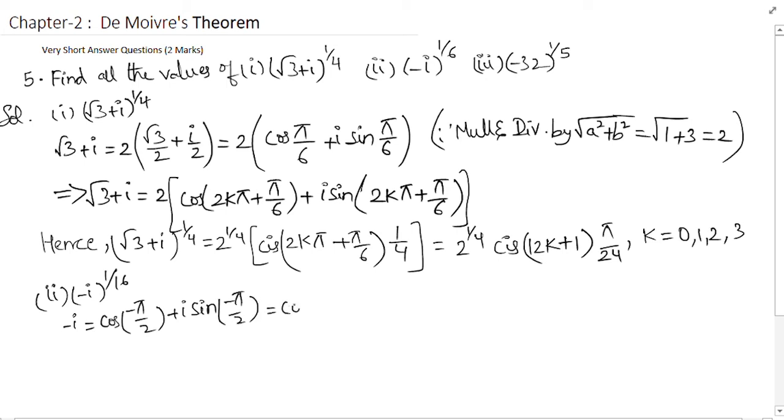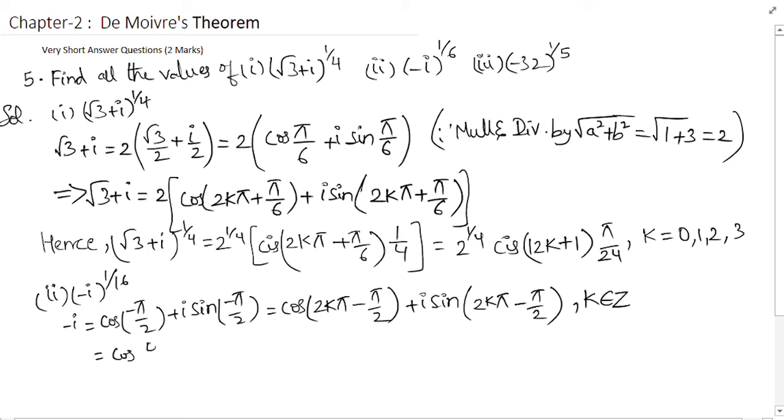So this is equal to cos of 2k pi minus pi by 2 plus i sine of 2k pi minus pi by 2, where k belongs to Z, that is the integers. So this in turn is equal to cos of 4k minus 1 into pi by 2 plus i sine of 4k minus 1 into pi by 2.